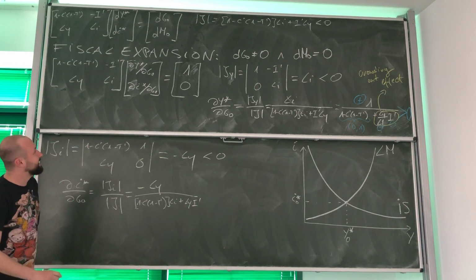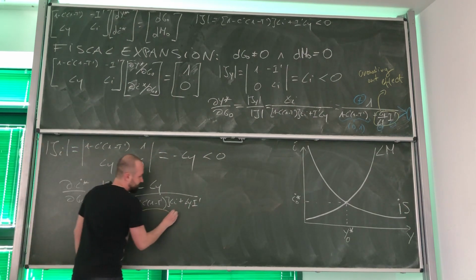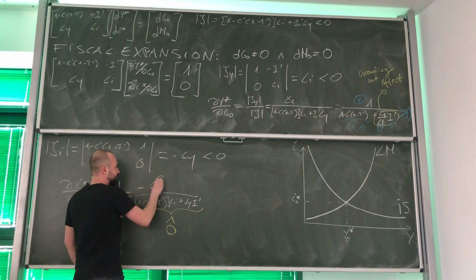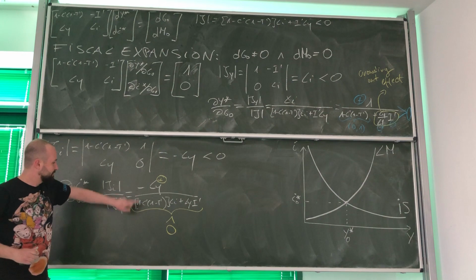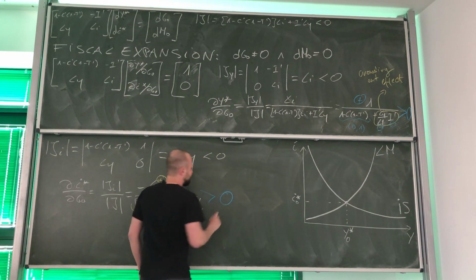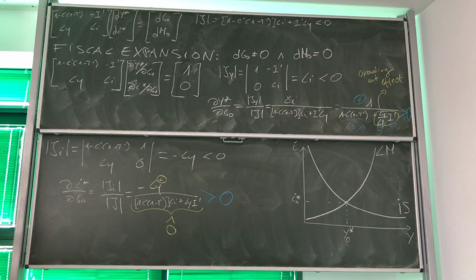Now, we've already calculated that this is lower than 0. We know that this is positive, but it has minus. Minus and minus is plus. We know that this expression is positive as well. So what do we learn from that?